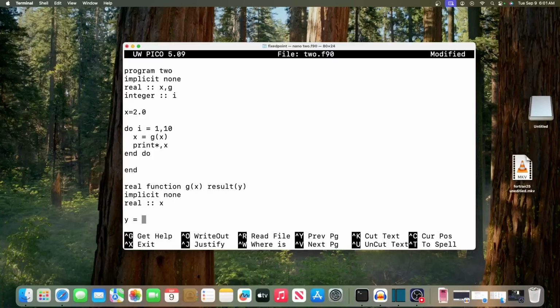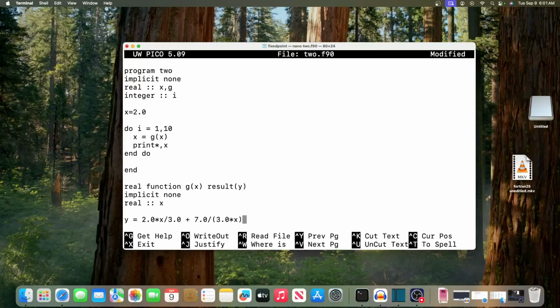In that one, the g of x was 2x over 3 plus 7 over 3x. Notice I have to put parentheses around that 3 times x, otherwise I won't be doing the order of operations business correctly.